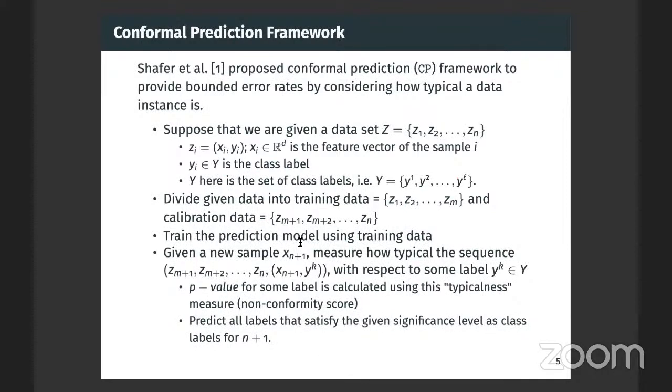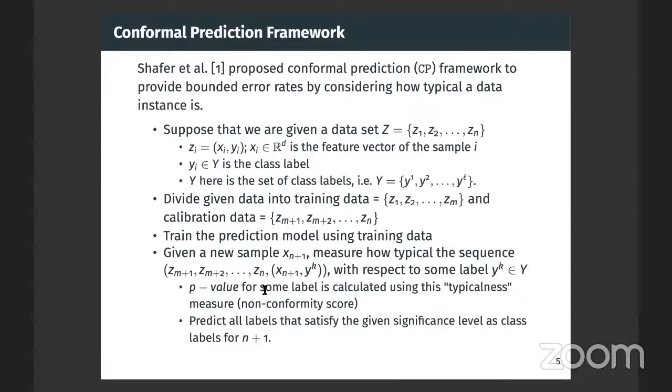This framework was introduced by Shafer and others, and it provides bounded error rates by considering how typical a data instance is. Suppose we have a data set with n data points. We divide this data into training data as usual, as well as calibration data.